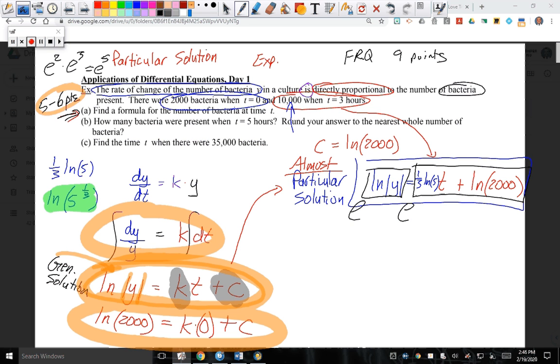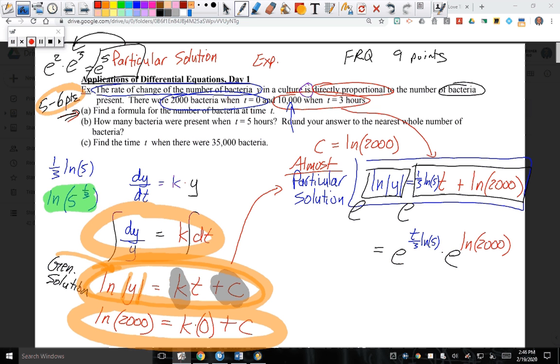And all we're going to do is go from something that looks like the adding backwards to create 2 forms of multiplication over here on the right. Okay? So let me do this in blue. This one will become t over 3 times the natural log of 5. The other one is natural log of 2,000.